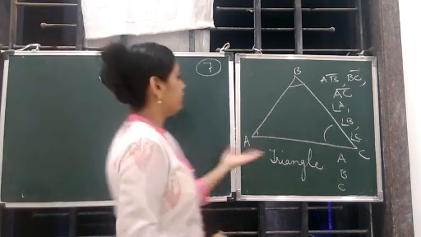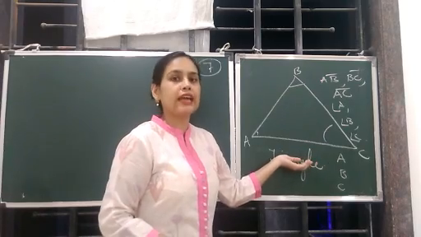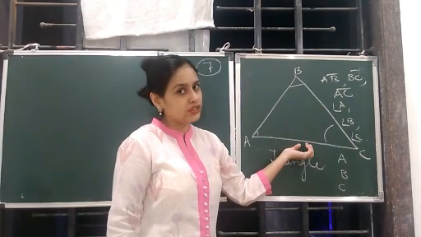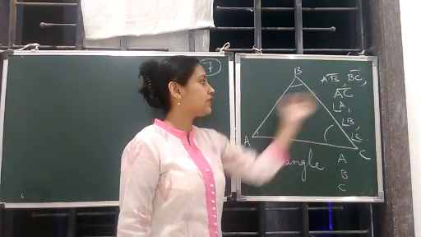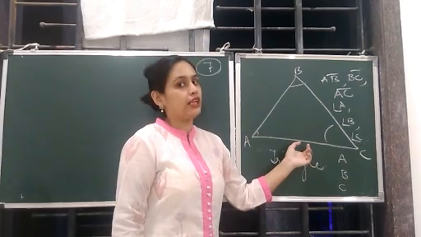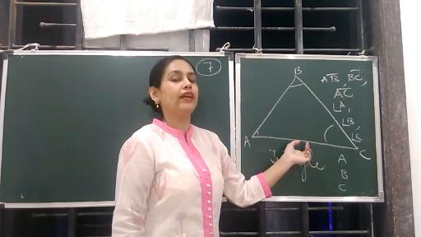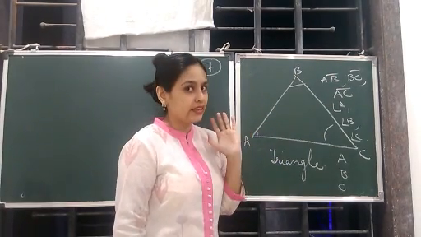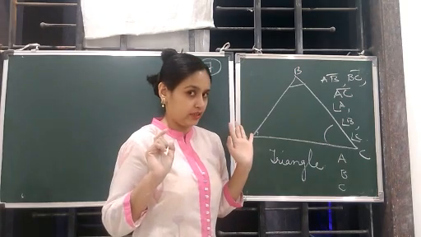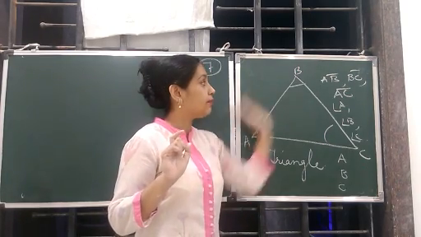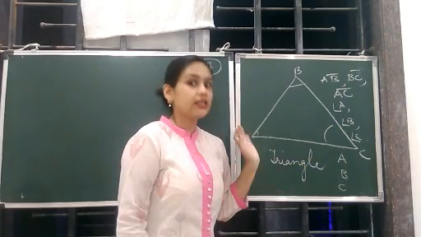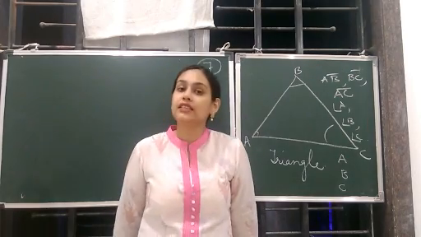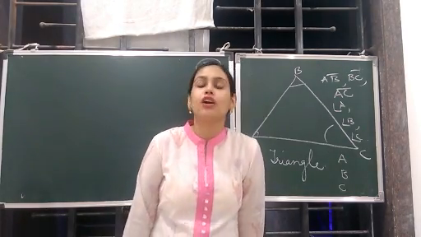Yes, we were talking about the triangles being classified on the basis of their sides. For example, equilateral triangle, when all sides are equal. Isosceles triangle, when 2 sides are equal. Scalene triangle, when none of the sides are equal. Then on the basis of angles, acute angled triangle, where all the angles are less than 90 degrees.